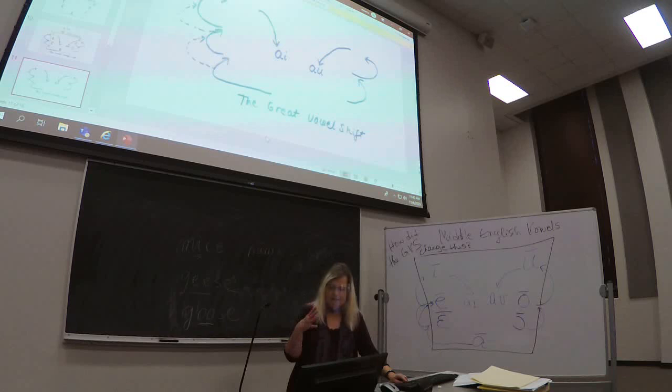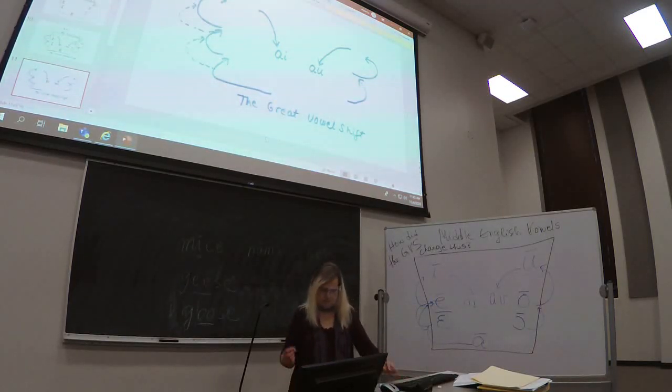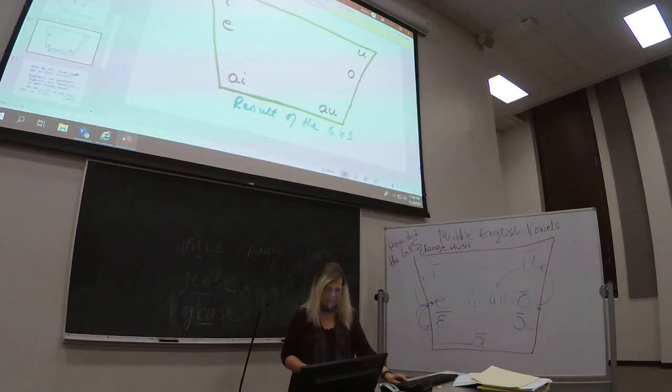So once I had developed from E and Au had developed from U, then you could have this change, this moving further up of all the long vowels. And this is the result.